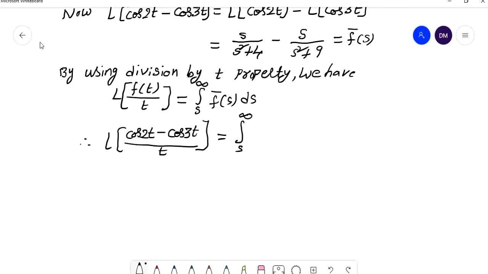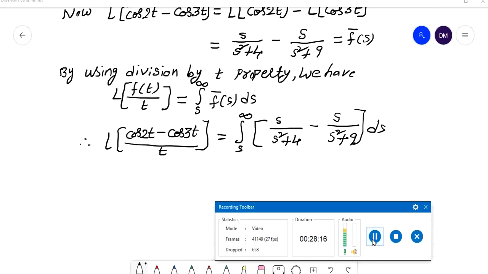What is the f bar of s value here? f bar of s is s by s square plus 4 minus s by s square plus 9, into ds. Right, now we have to integrate.